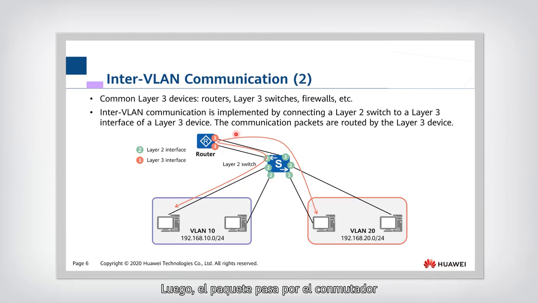Then the packet goes through the switch and finally reaches the other PC. So this is the process of inter-VLAN communication. They cannot directly transmit through the switch. They must go up to the layer 3 devices. So the communication packets are routed by the layer 3 device.